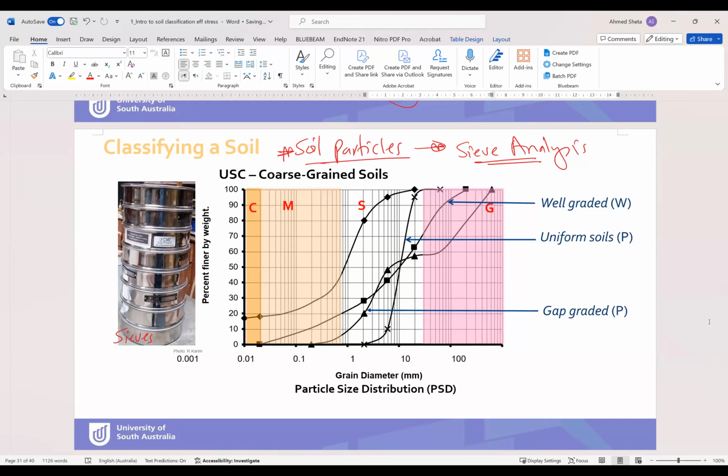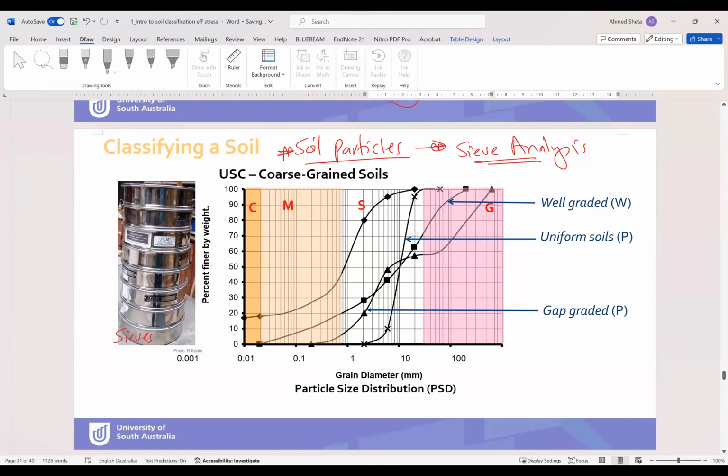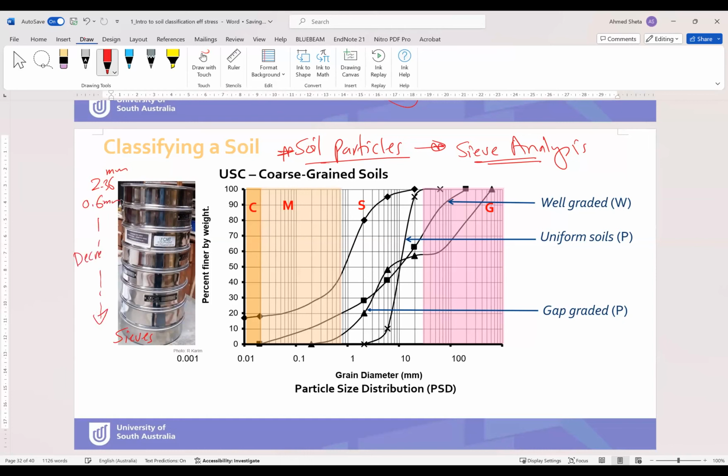For example, start from 2.36 millimeter and then 0.6 millimeter and so on, decreasing down to 0.075.